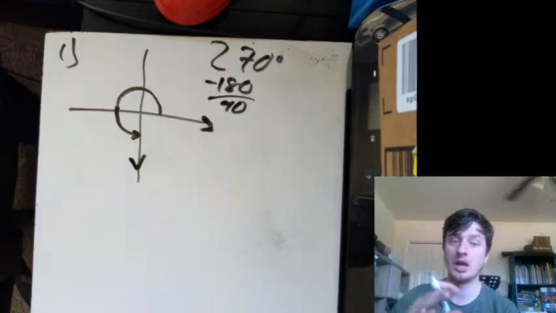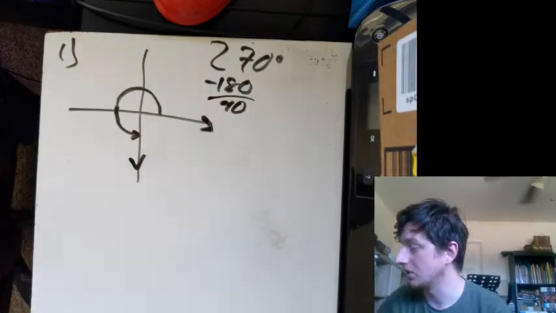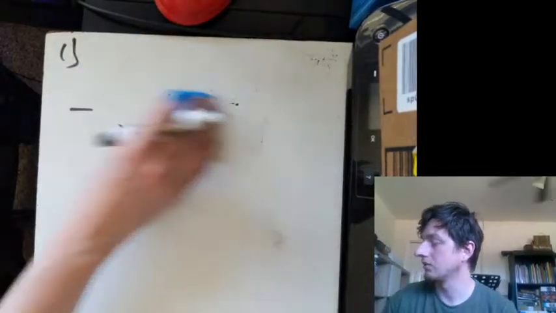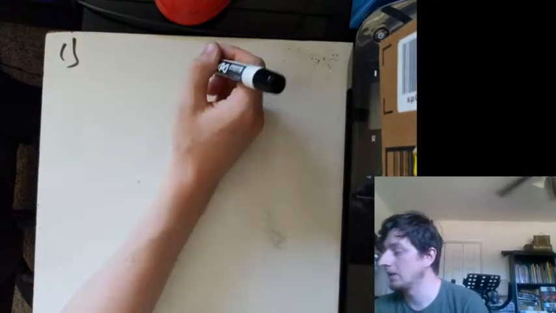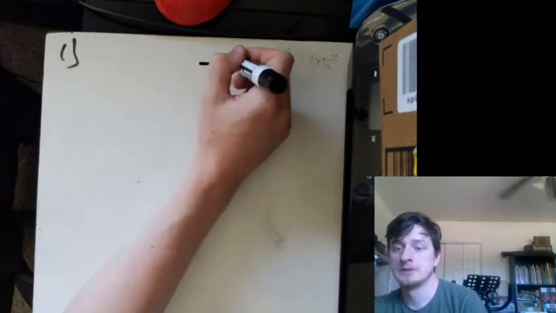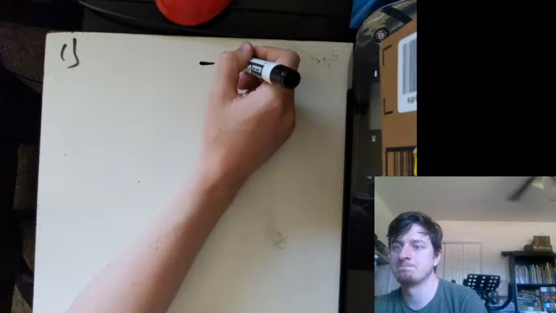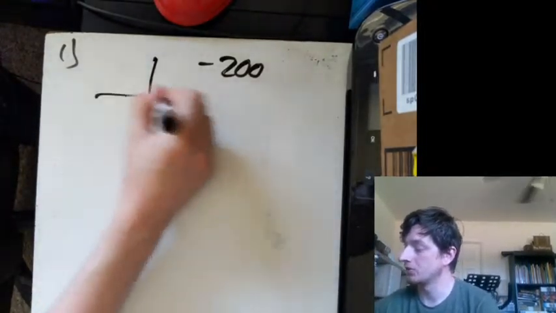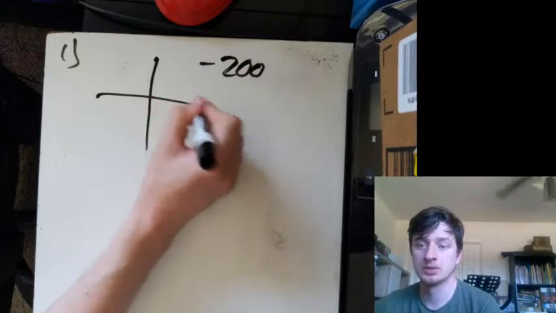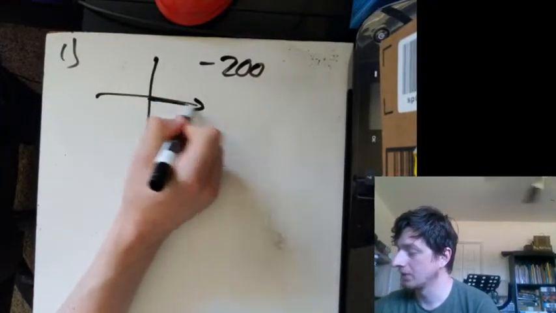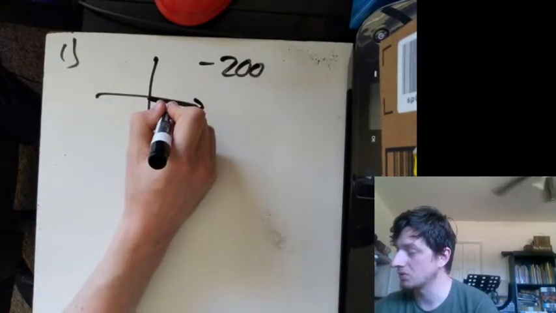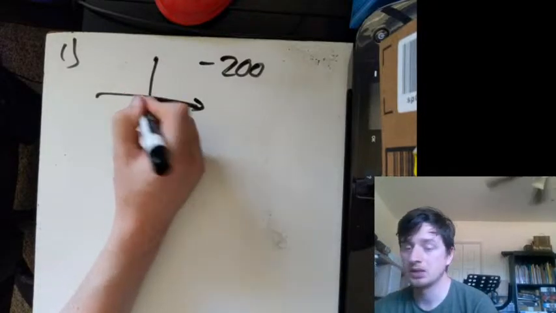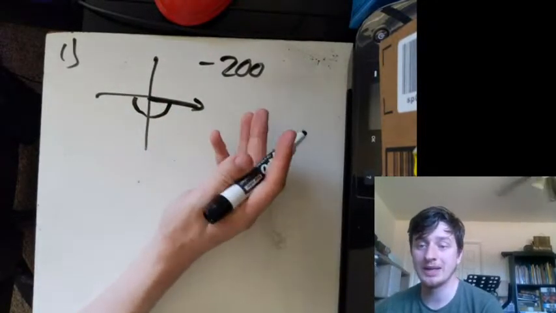I'm going to do another one, not number 2, but let's do a negative one, where let's draw negative 200. Negative 200. So the initial side still starts here. It's going to go negative, so it's going to go this way. And I know that it's bigger than 180.